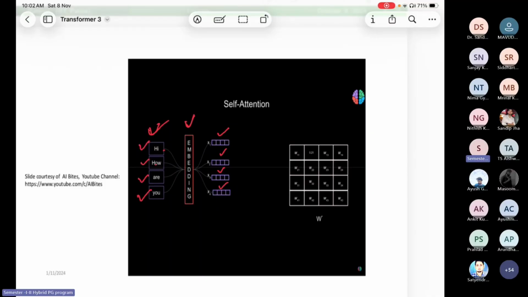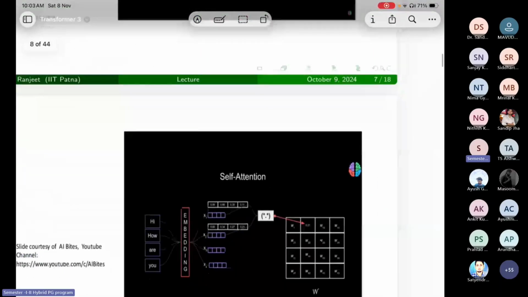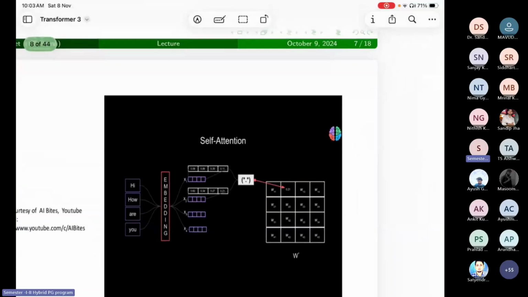Now let's find the correlation between every two vectors. Correlation is a very simple formula: take the first vector, take the second vector, and find the correlation. If both vectors are very similar, then the correlation will be very high. If both vectors are dissimilar, then the correlation will be low.